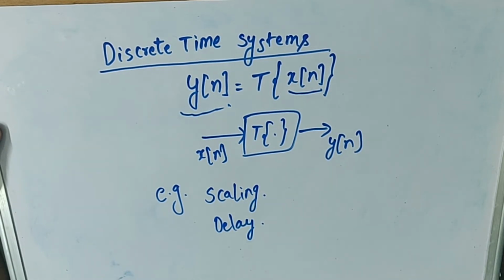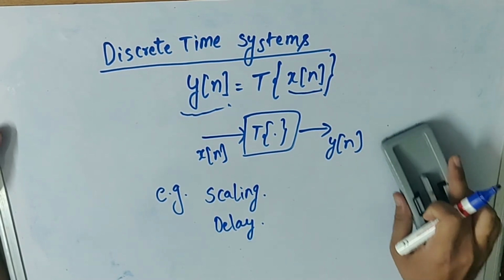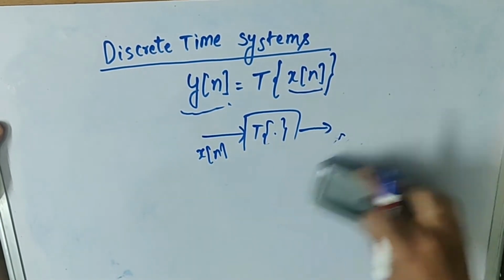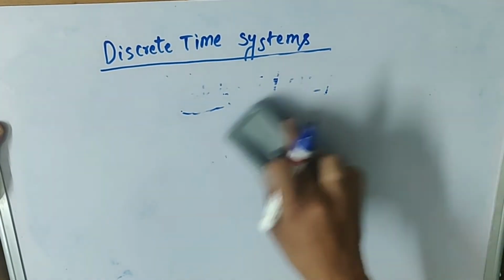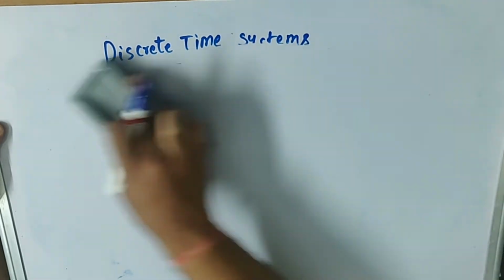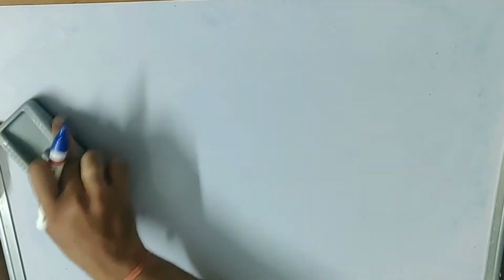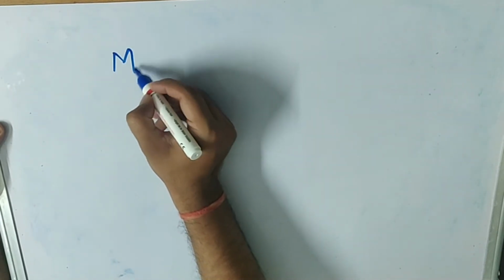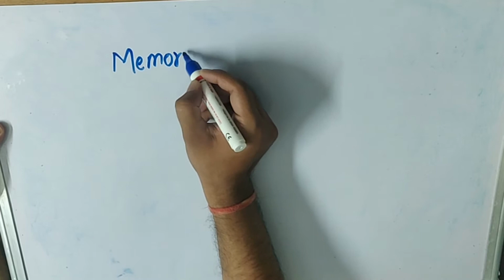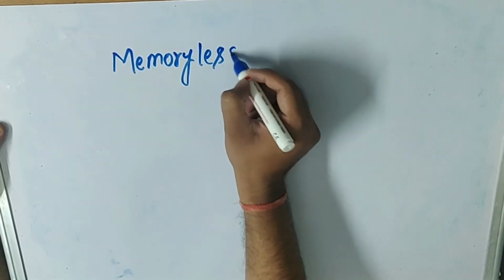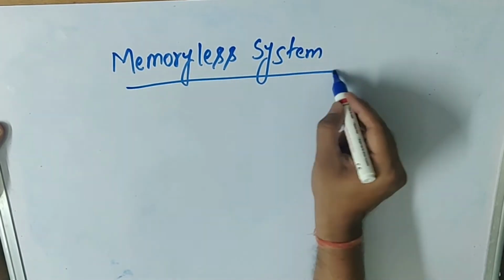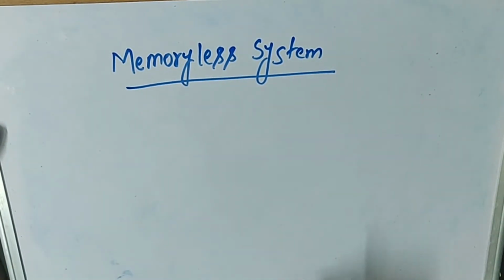Okay, so now going further in this lecture, we will study about different types of discrete time systems. So let's study first about the memoryless system. As we can understand from the name, a system which does not have any memory is a memoryless system.